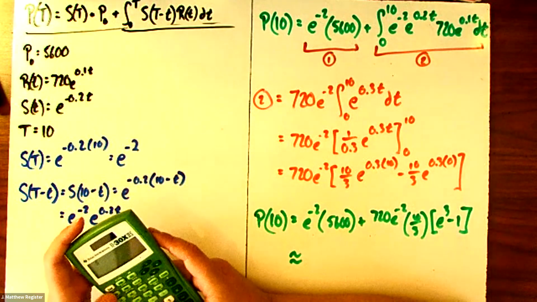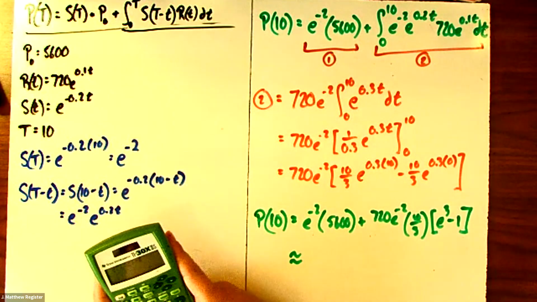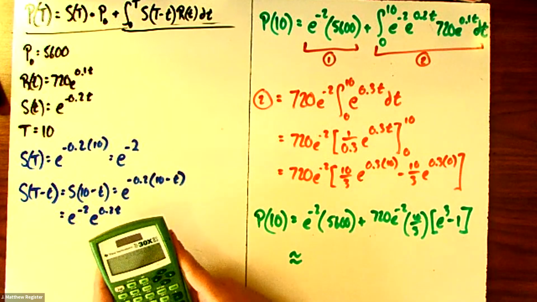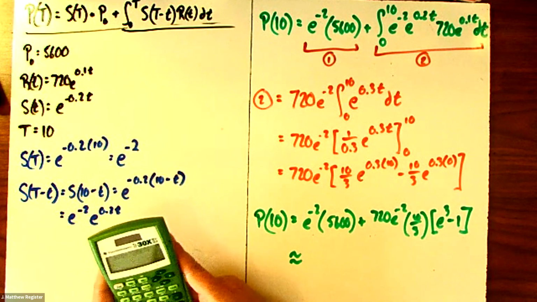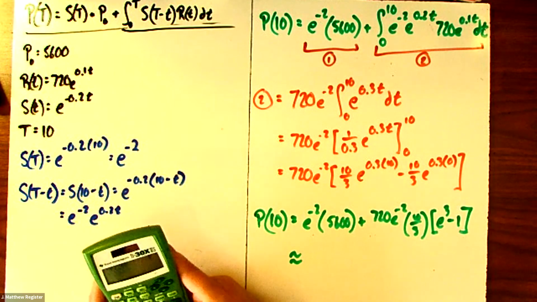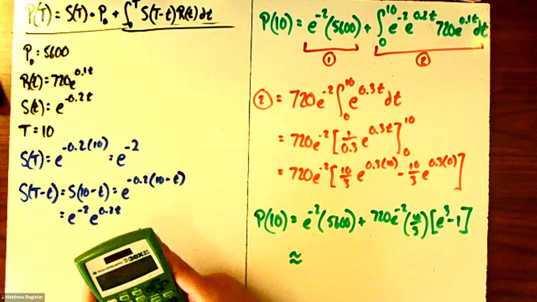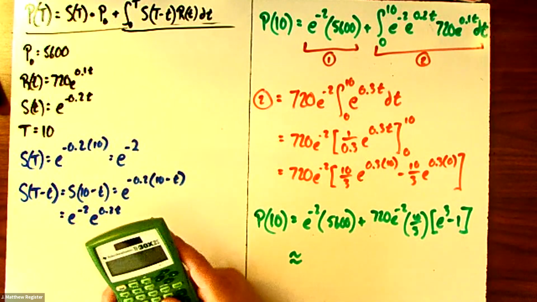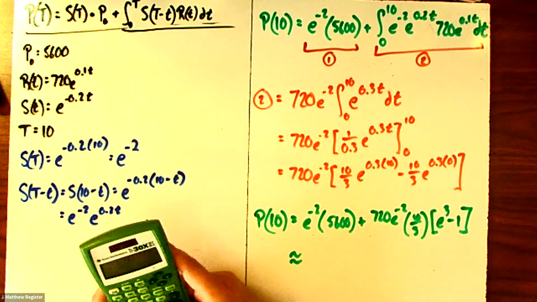So e to the negative 2 times 5,600 plus 720 times e to the negative 2 times 10 thirds times e cubed minus 1.